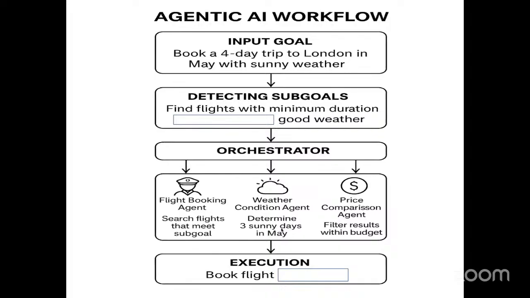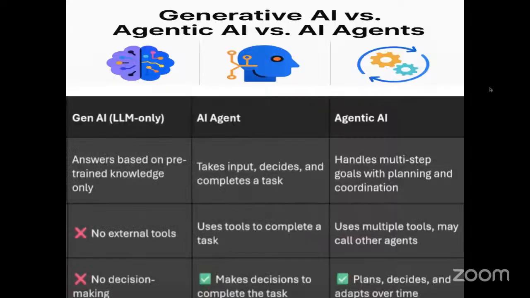Then it will talk to the comparison agent. The comparison agent will say, okay, this hotel booking agent has exceeded my budget, so you have to search for hotels which are in my budget. So multiple agents are talking together. This kind of thing we can handle in agentic AI. They can plan, decide and adapt over time.